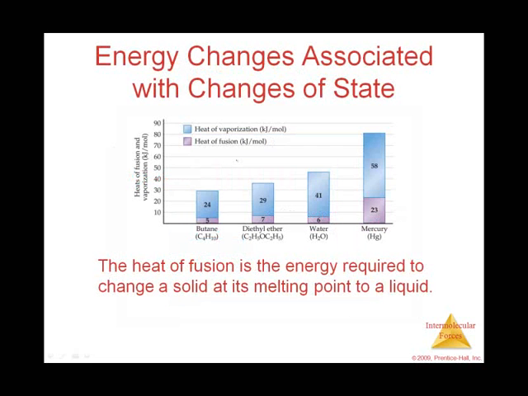Okay, so the heat of fusion is directly related to the melting point, right? So if you think about heat of vaporization, this is related to the temperature at which something boils, right? It's going to take more energy for larger molecules, or molecules with higher intermolecular forces, to vaporize.